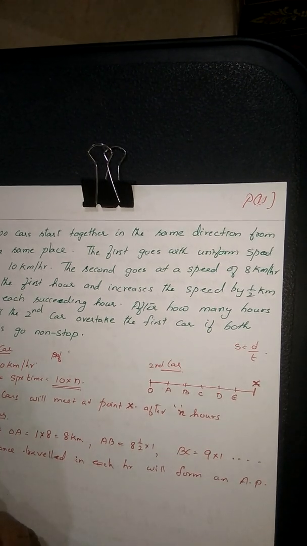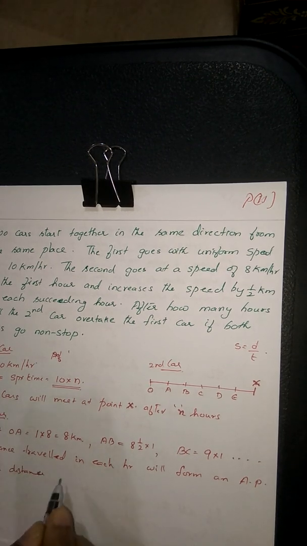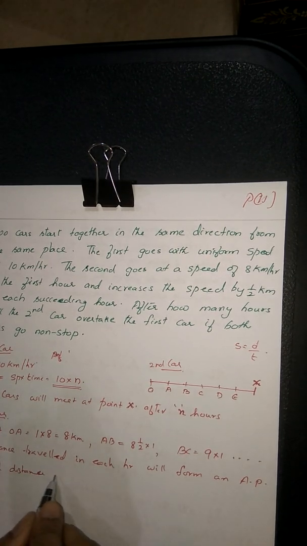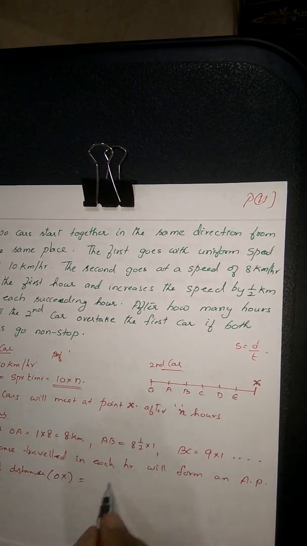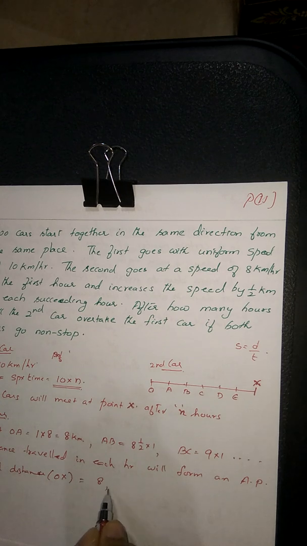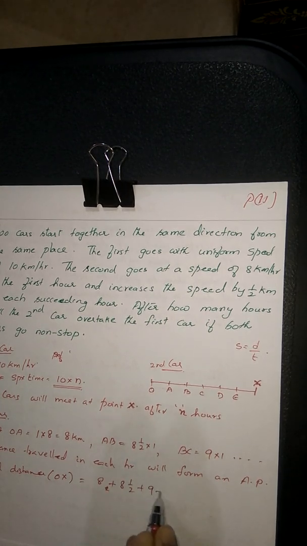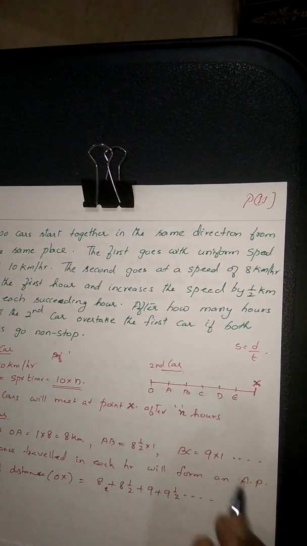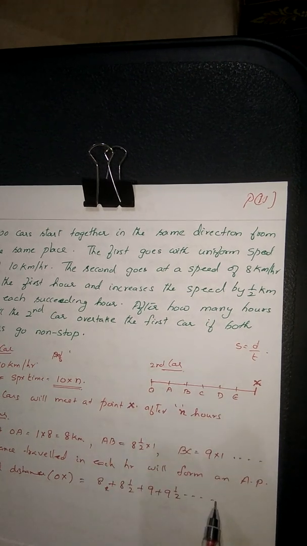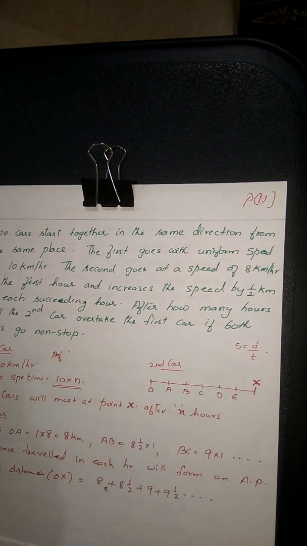So the total distance travelled, that is still OX, is equal to 8 plus 8 and a half plus 9 plus 9 and a half and so on, till n hours. In n hours they will meet.